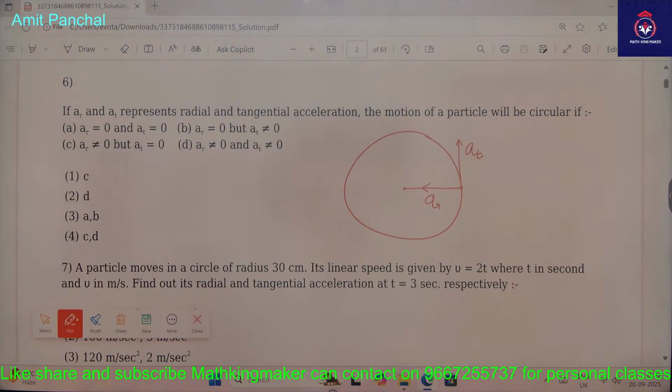What is the right answer? The right answer is option number 4, C and D. So AR is not 0 but AT is 0, and AR is not 0, AT is not 0.